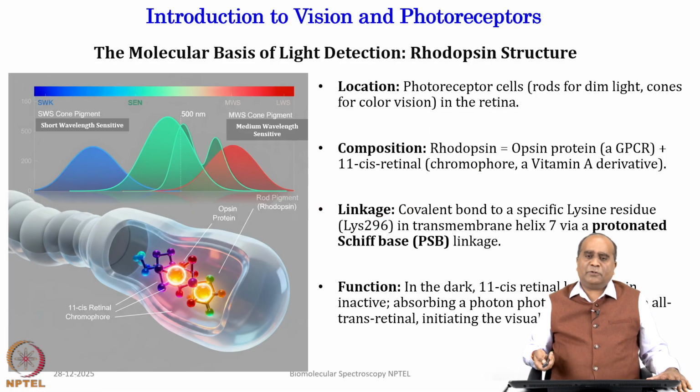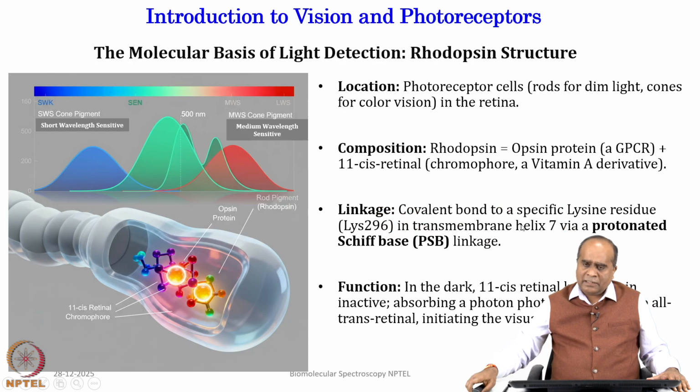So, coming back to the course, what do we have? A protein called opsin, which is a receptor, and there we have a chromophore called retinal, right. This linkage is a covalent bond to a specific lysine residue from the opsin protein, which is lysine 296 in transmembrane helix 7.